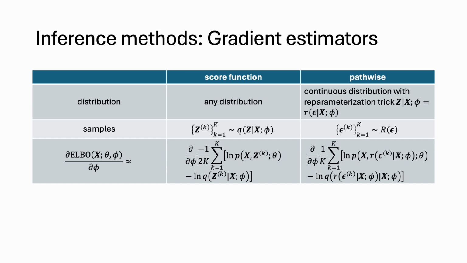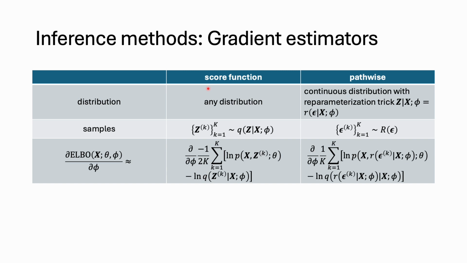Now let's consider the first issue related to the gradient estimator. In variational inference, we need to compute the derivative of the ELBO with respect to phi. There are two ways of estimating this derivative. One is the score function gradient estimator, and the other is the pathwise gradient estimator.